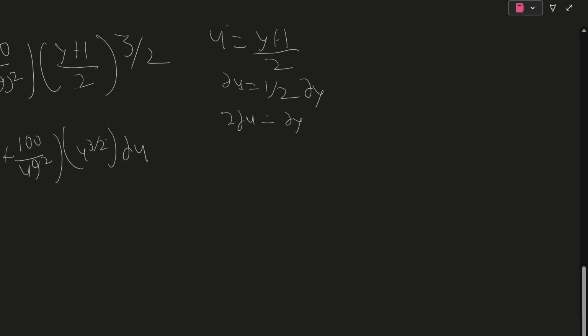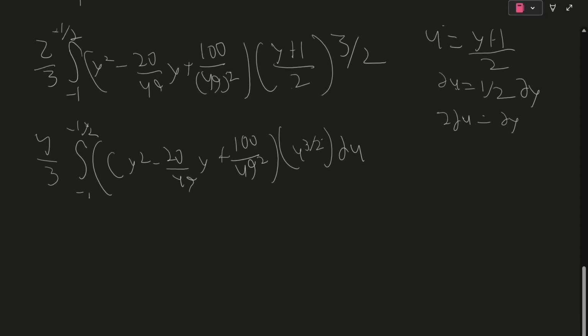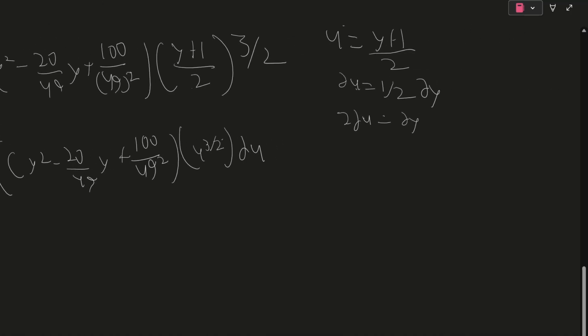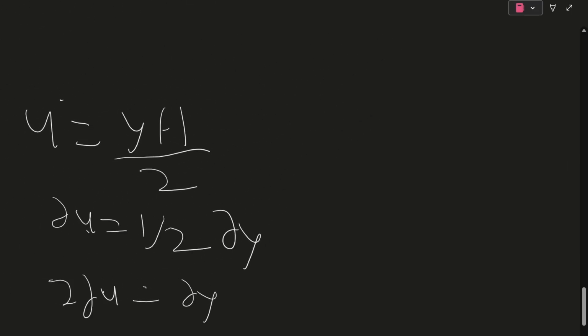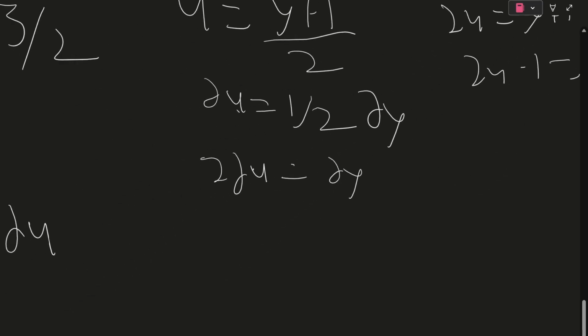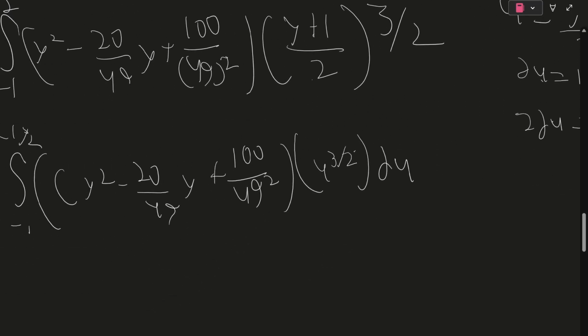And now we actually need to do a second substitution and sub in u for all y values. So we can actually rewrite that up here. So we have u is equal to y plus 1 over 2. So this becomes 2u is equal to y plus 1. And then it becomes 2u minus 1 is equal to y.